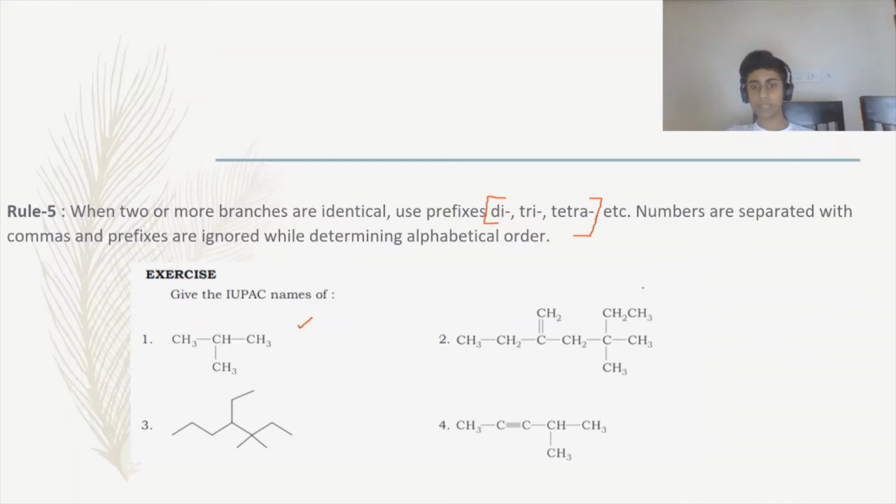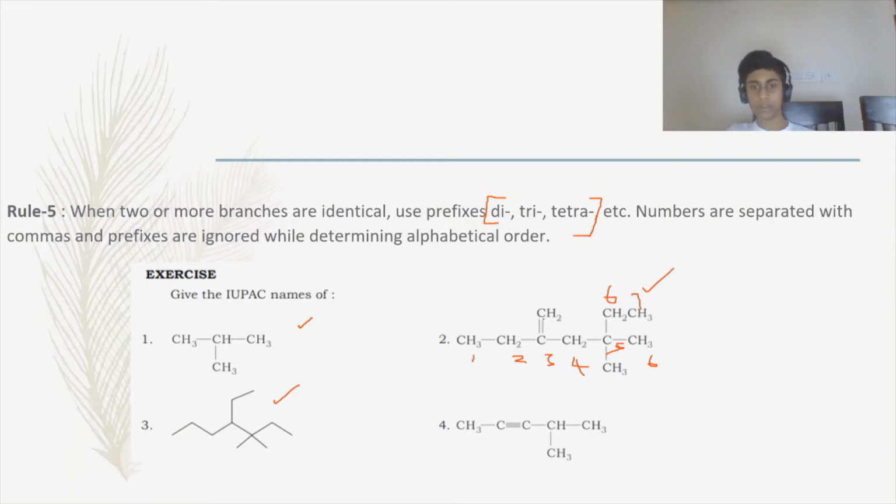Now let's look at this example. We'll look at this maybe a little later because we've not yet done the bond line formula. So how would we number this? Generally, we just number it like this. On first noticing it, and then maybe we would instead go for this.